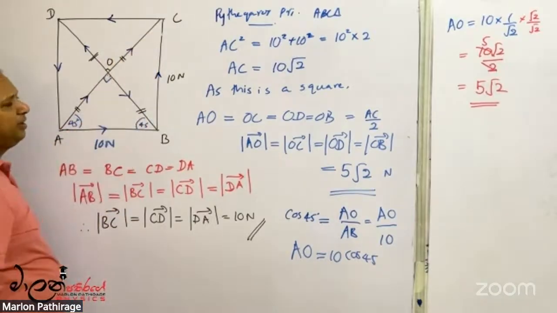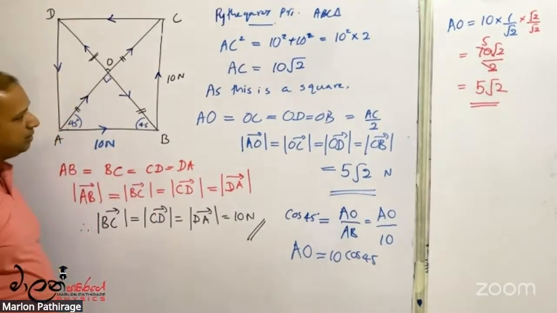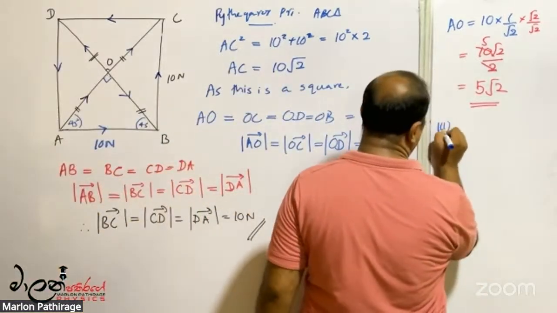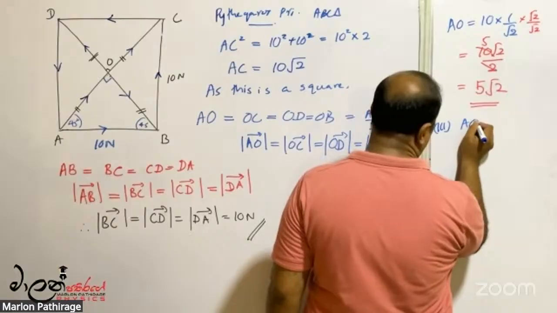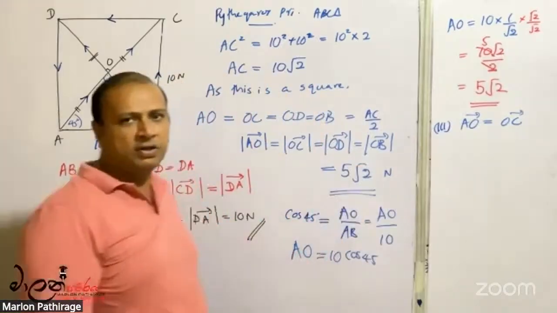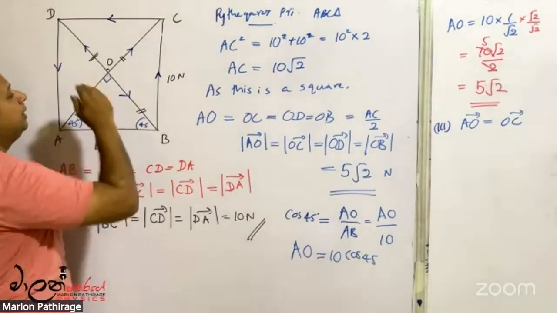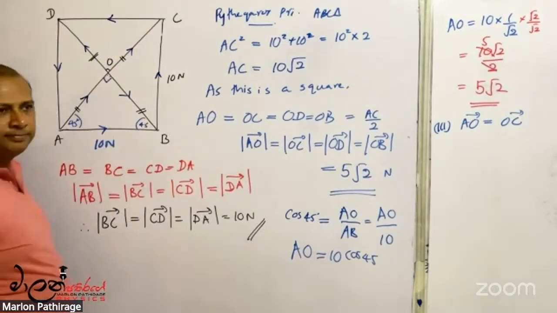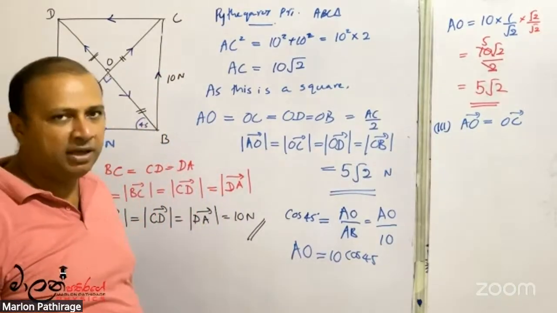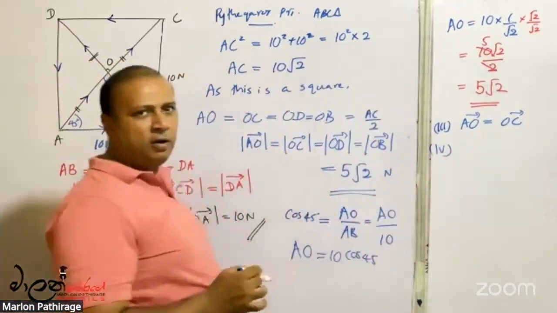AO vector is equal to OC vector, because the magnitude of both vectors is the same, the direction is also equal, and they are homogeneous vectors. Therefore, they are equal. Then if we consider negative vectors, there are a lot.